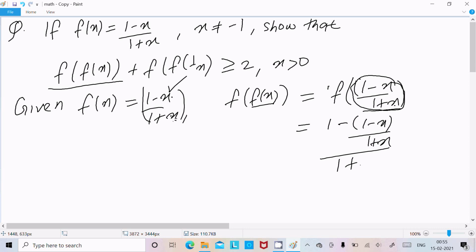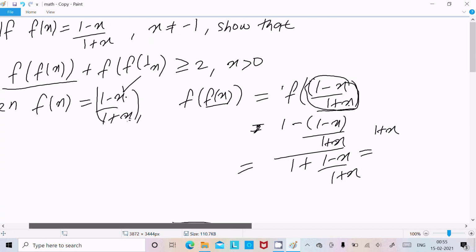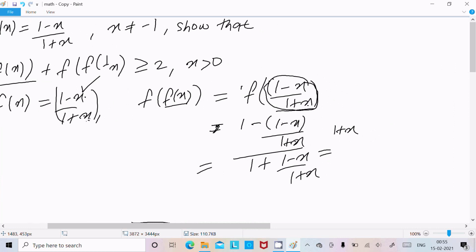Now in this place I'm going to write (1 minus x) by (1 plus x). I'm going to calculate the value directly without wasting time. Taking the LCM, 1 plus x goes up. Now after that, minus that, multiply all this. So minus 1 comes, minus into minus comes plus. Then 1 plus x, the same thing, I calculate 1 plus x multiplied with 1, and here 1 minus x.